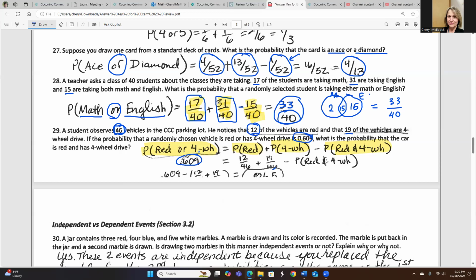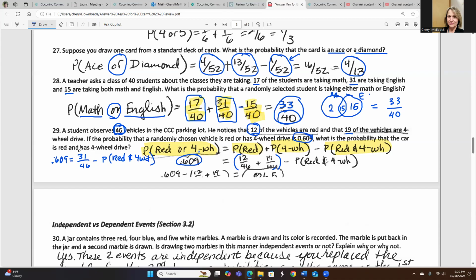So in this case, we are going to add these two together. 12 plus 19 is what? 31. So what we have here is, I'm going to write this equation: 0.609 is going to equal 31 over 46 minus the probability of red and four-wheel drive.